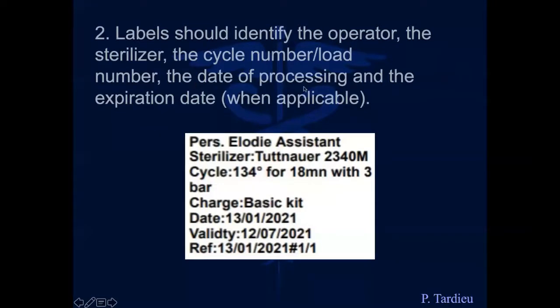The date of processing. The date of processing is here. The load: we have not only the load number, but we have the details of the load: basic kit, dentistry, surgery, root canal, anything. So you know the charge also. And you know the cycle, which is in this case 134 for 18 minutes with 3 bar. This is the prion cycle that we call it, okay?